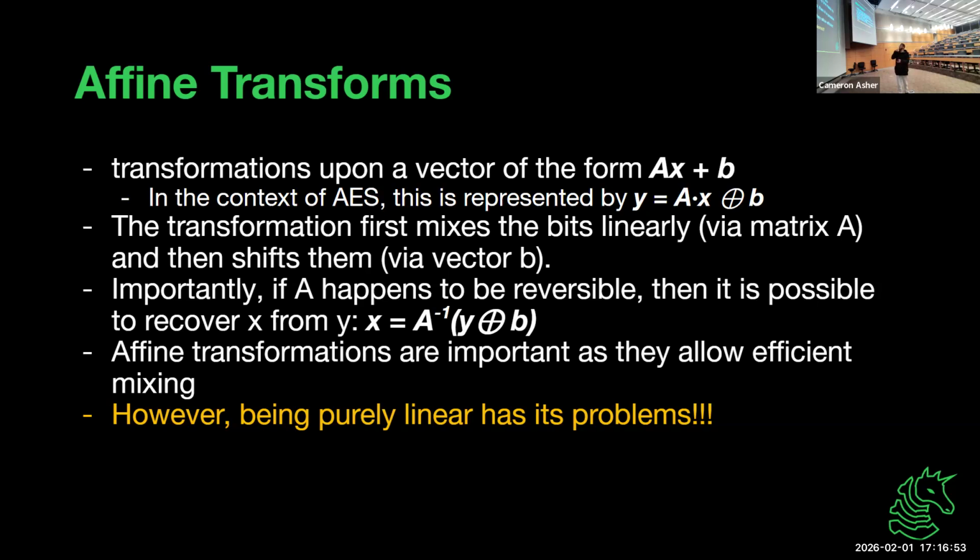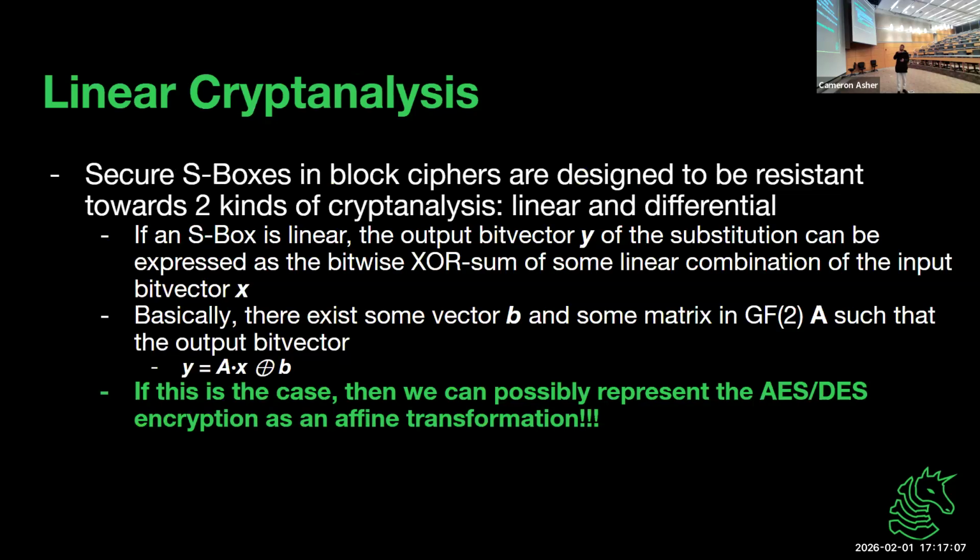So this is an affine map. And affine maps are easily reversible because we know how to invert matrices, and we can invert XORing just by XORing again. So if every operation in AES is linear, that means the whole thing is linear, so we can reverse all of it. That's why we need the S box to be nonlinear.